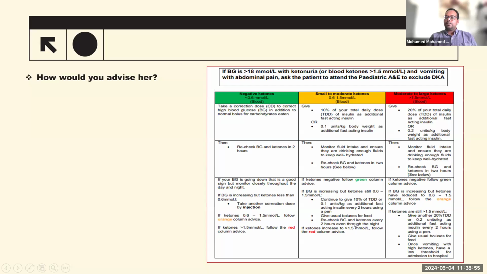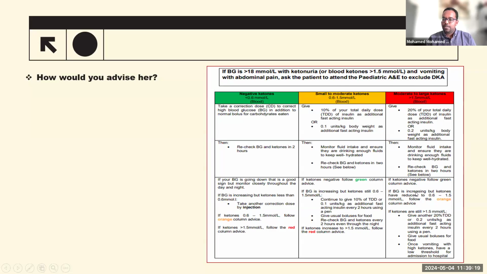If their ketones are a bit high, like our friend Charlie here, whose ketones are 1.1, you have to give him some extra dose of short-acting insulin, 10% of the TDD. If you are in doubt, give 0.1 units per kilogram, and then repeat the blood glucose in 2 hours.